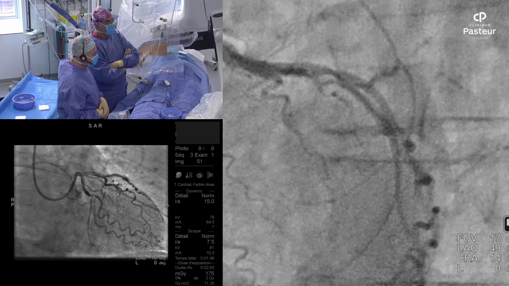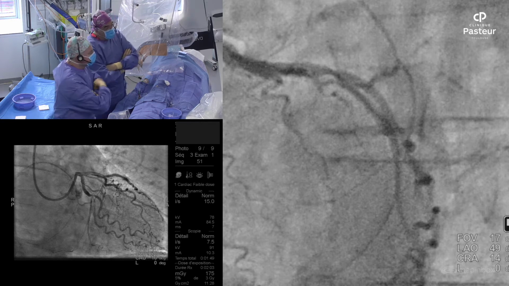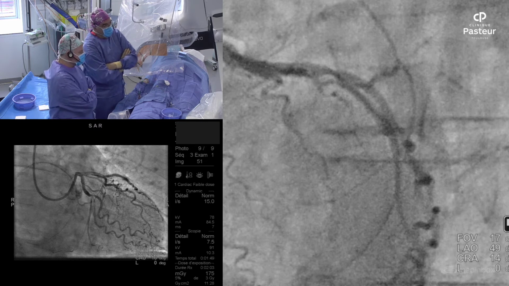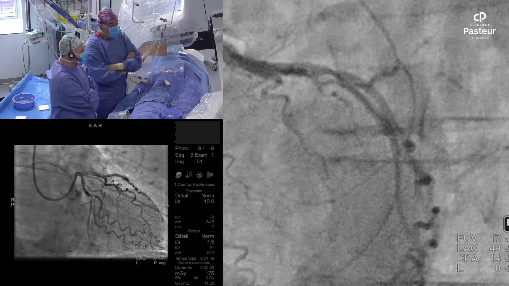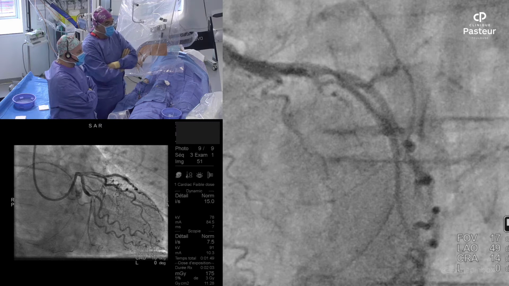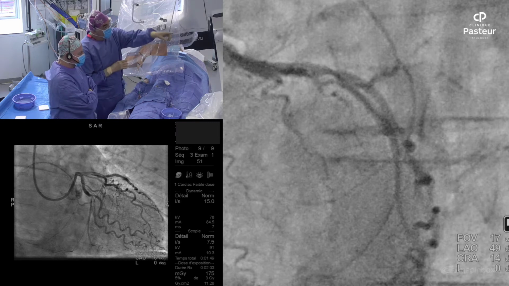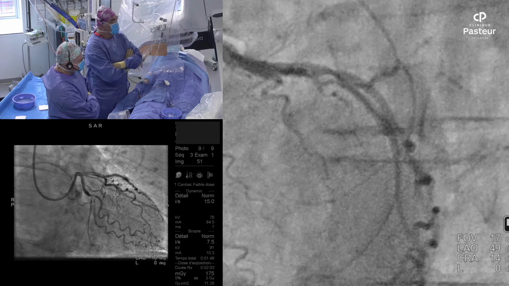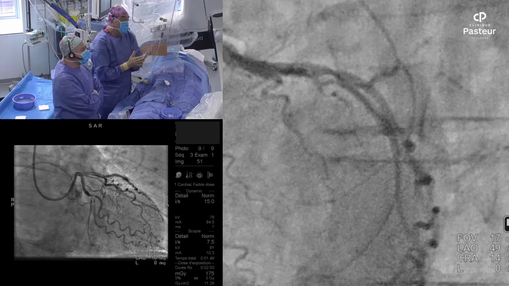When you look at the proximal circumflex, it's 3 millimeters, maybe a little between 3 and 3.5. The distal bed on the first OM is around 2.5, looking at the size of the guiding catheter. Of course, given the severity of the lesion, you can see in LAO it's really an eccentric critical lesion. Maybe the distal bed is a little undersized.